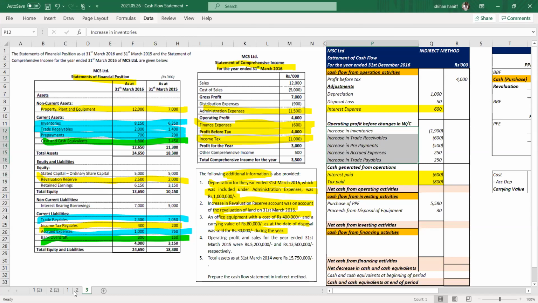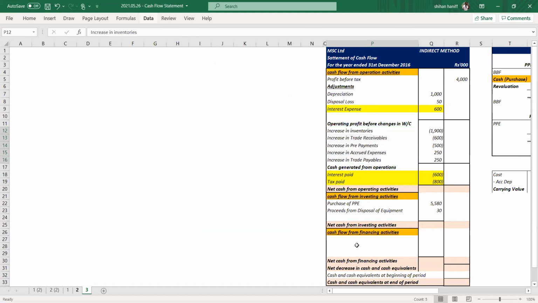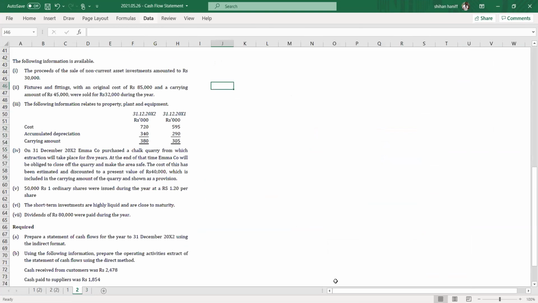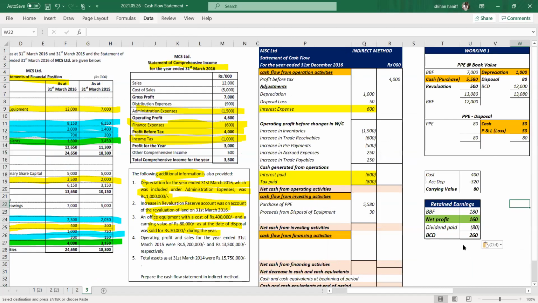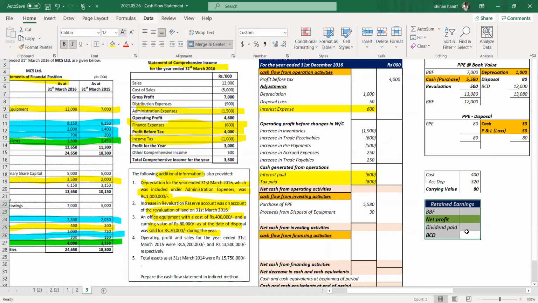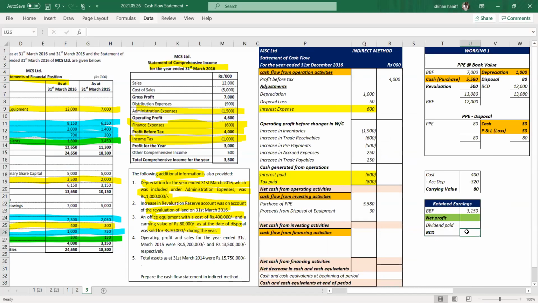Retained earnings. Now, like earlier, we'll do this. Retained earnings, opening balance is 3,150. Closing balance is 6,150.